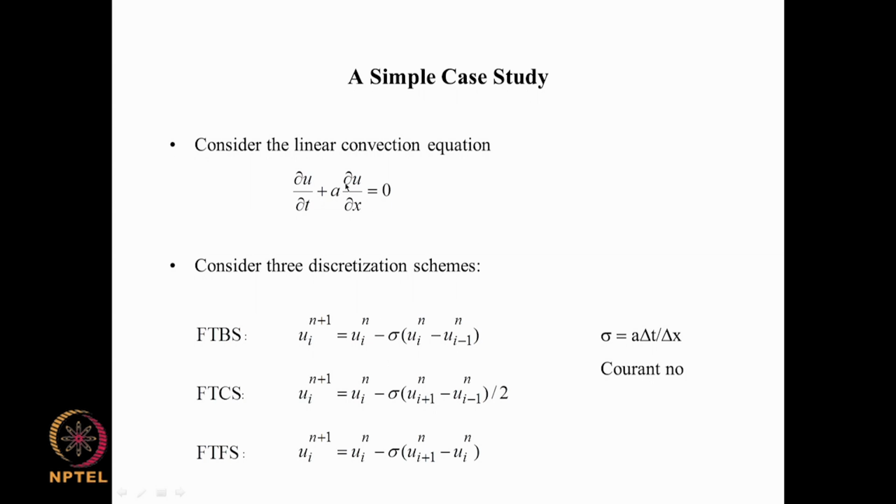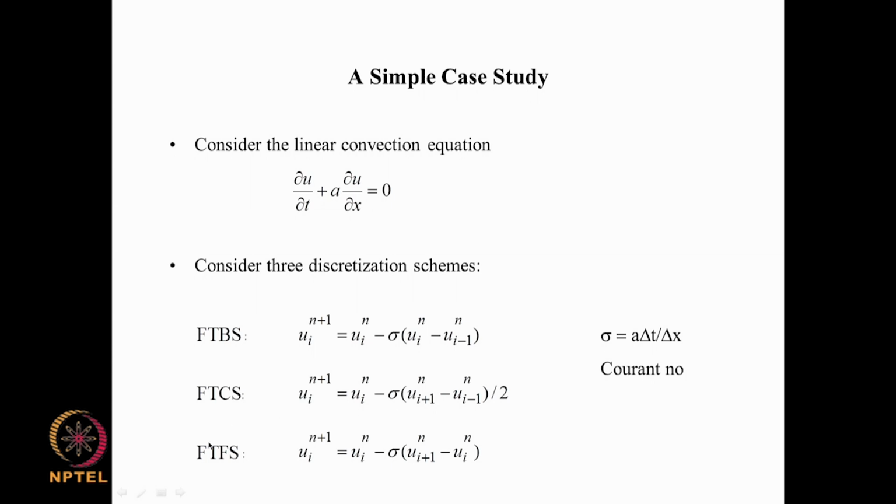So, you have this as ui plus 1 minus ui minus 1 by 2 delta x, and we also make it explicit. So, we get ui plus 1 minus ui minus 1, because there is a 2 delta x, you have 2 here, and the delta x is consumed by this Courant number sigma here.